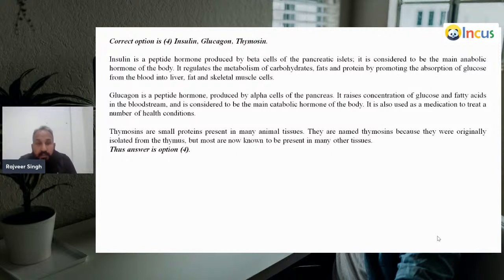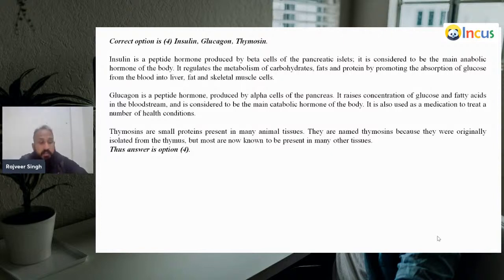Glucagon is a peptide hormone produced by alpha cells of the pancreas. It raises the concentration of glucose and fatty acids in the bloodstream and is considered to be the main catabolic hormone of the body. It is also used as a medication to treat a number of health conditions.